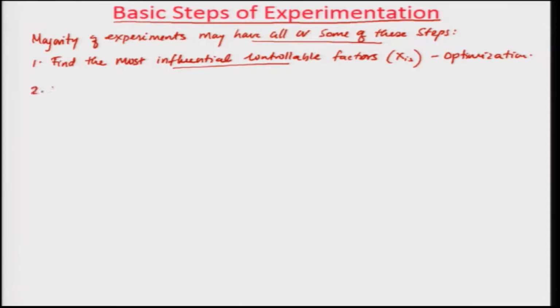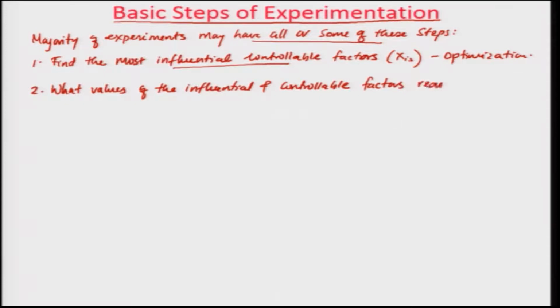The second thing you can think about is what values of the influential and controllable factors result in the system producing the desired response or output.